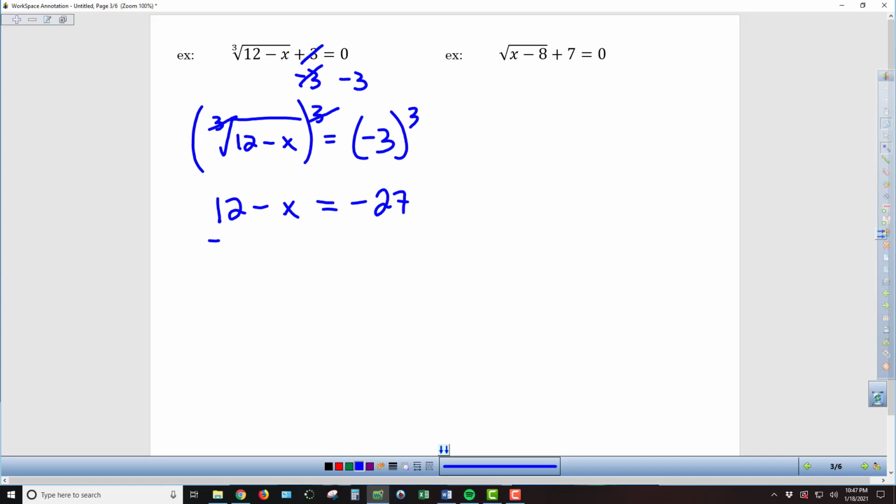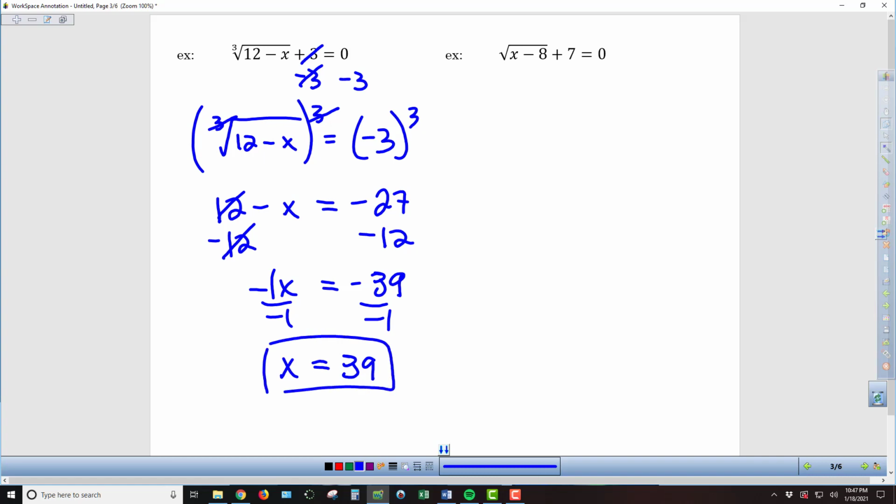So now I'm going to work on getting that x by itself. So I subtract 12 from both sides. So now I've got negative x equals, so negative 27 minus 12, so negative 27 plus negative 12 gives me negative 39. And so then, same as before, if we divide both sides by negative 1, we get x equals 39.